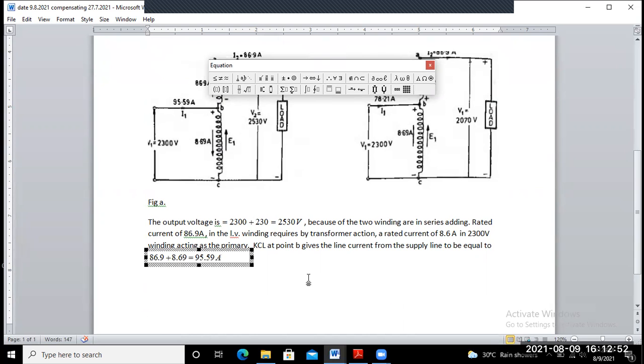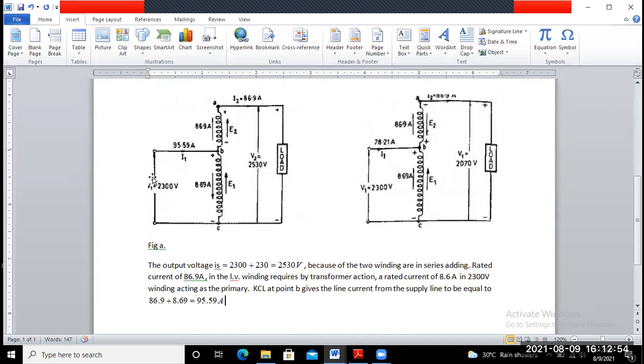So this is your supply current or line current that is drawn from the supply source.